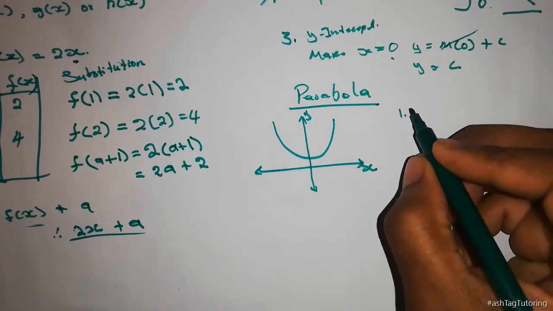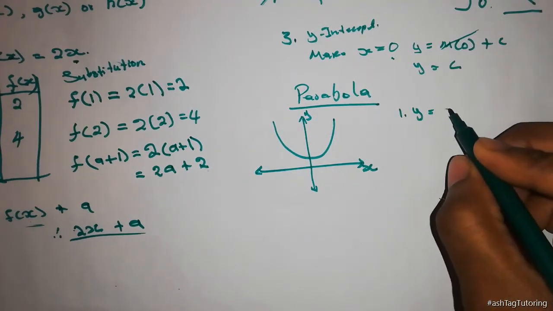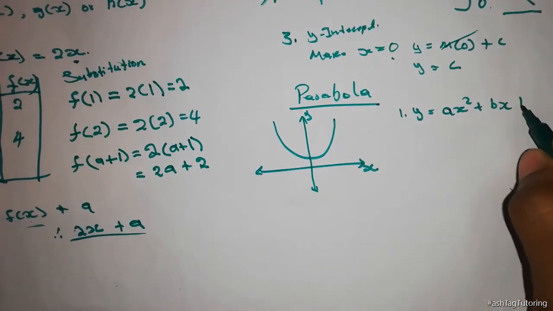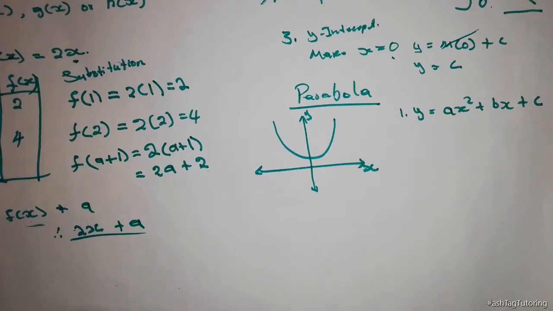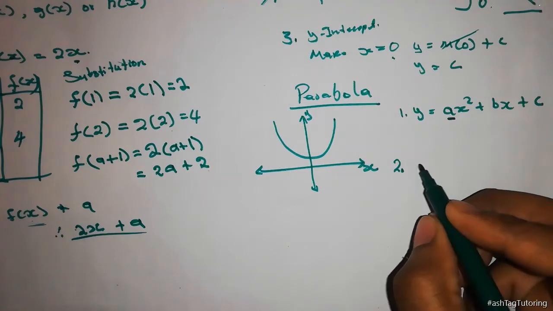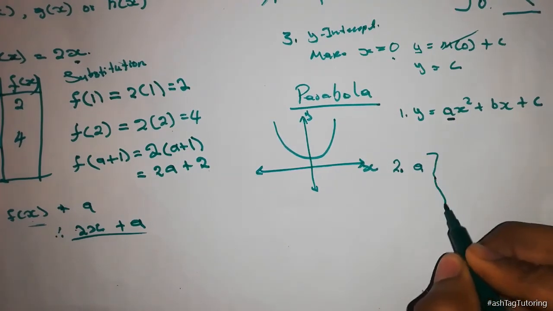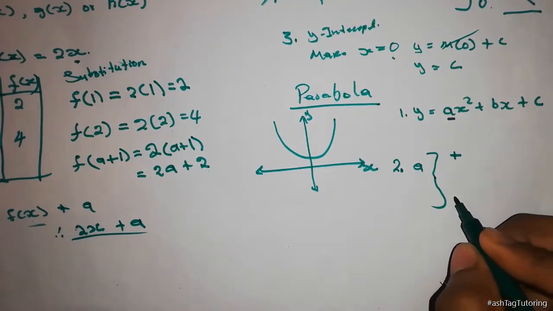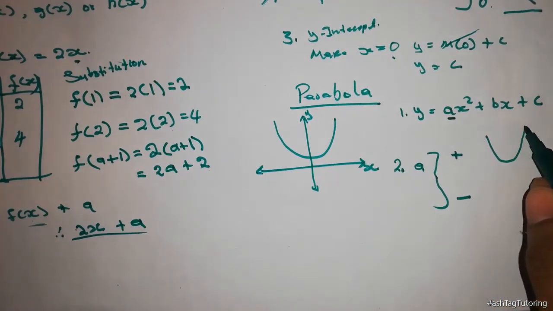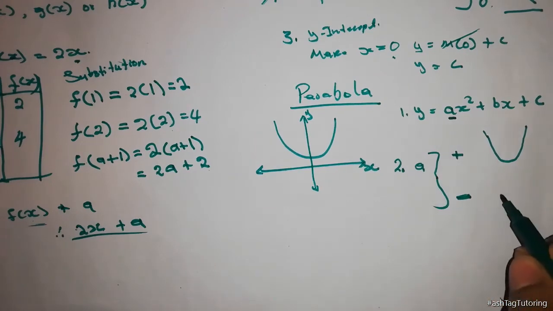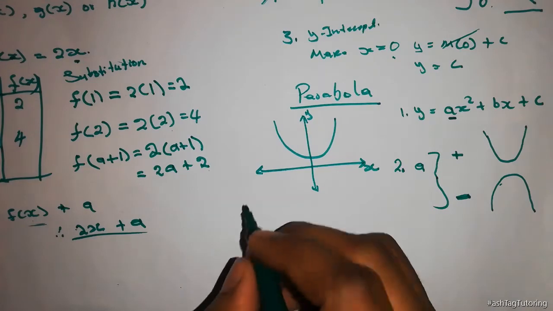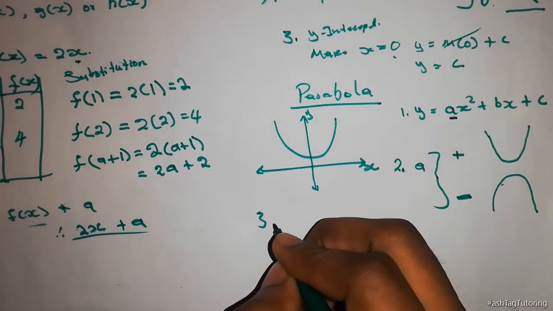Parabolic function, which can be expressed as y is equal to ax squared plus bx plus c. A plays a very important role here because it defines the shape of your graph. For example, if a is positive, the graph smiles up, and when a is negative, the graph faces down.